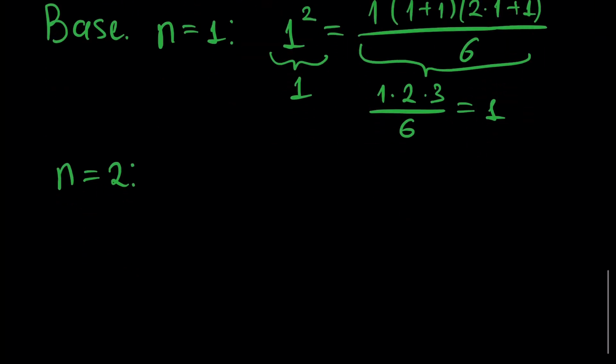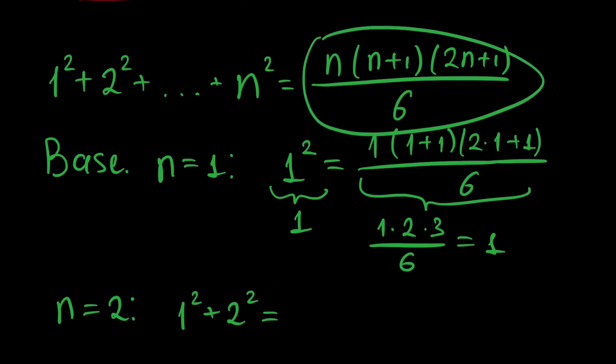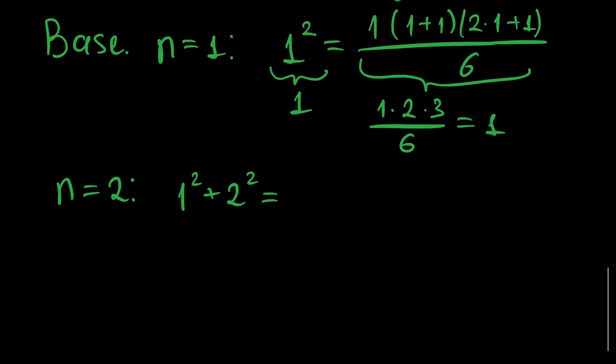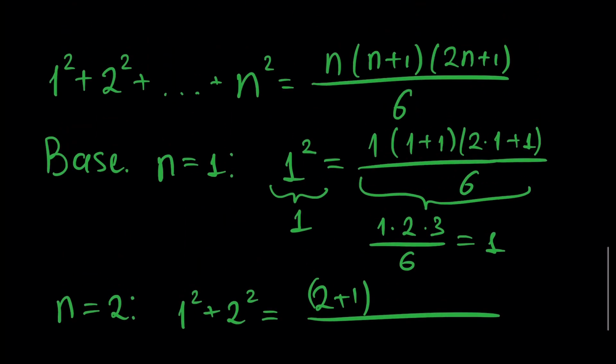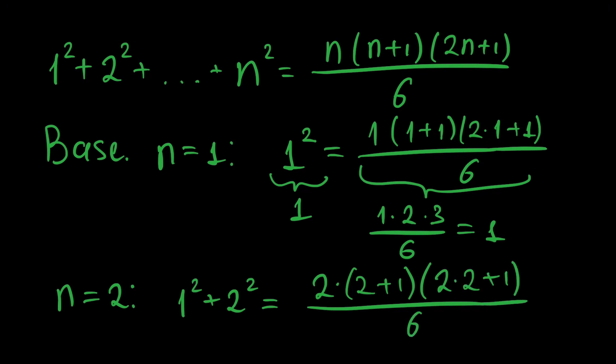Let's check it for n equal to 2. We will have 1 squared plus 2 squared is equal to, using this formula, 2 times 2 plus 1 times 2 times 2 plus 1 divided by 6.